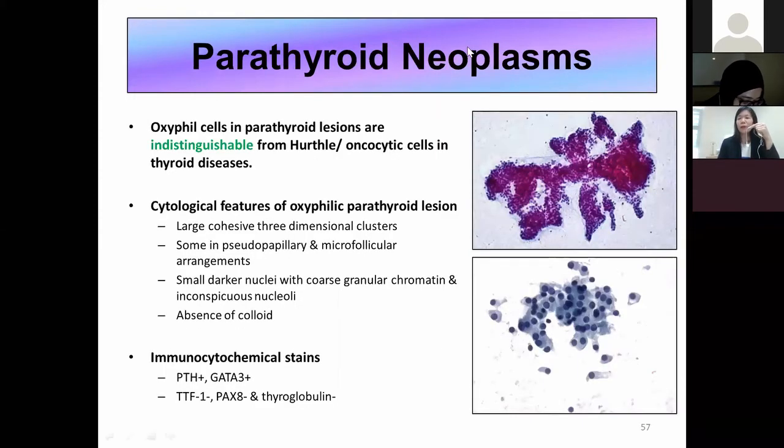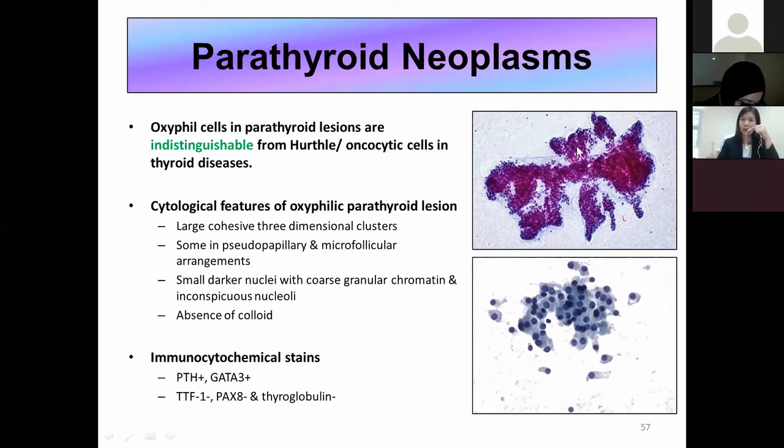Okay, parathyroid neoplasm, as in the present case, is almost indistinguishable from follicular neoplasia. They look almost the same. They tend to have large three-dimensional clusters. They show pseudo-papillary structures, as in our case as well.